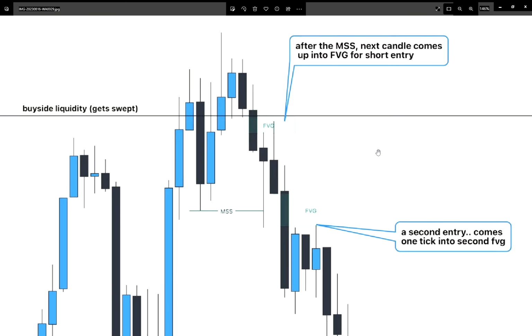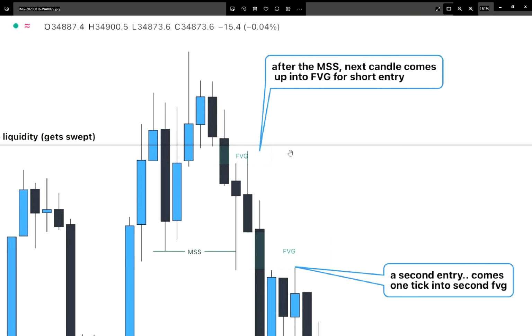Okay, so I have a definition for the fair value gap as well. After the market structure shift, before I think I talked about a close, so I'm going to change the title of that video, if you've seen it, to price action concepts, because he uses the lows, I believe. It doesn't actually have to be a close.